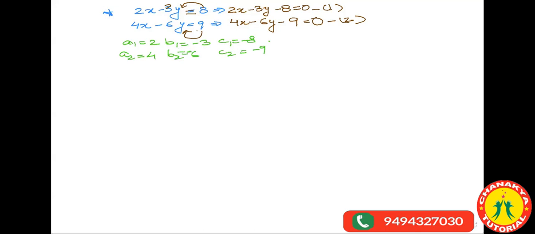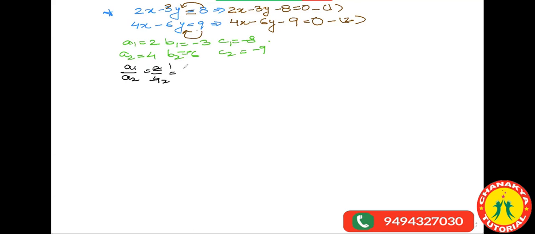Now our next step will be, Aman, what will we do? We will do next, ma'am, a1 by a2, which will equal 2 by 4, 1 by 2.